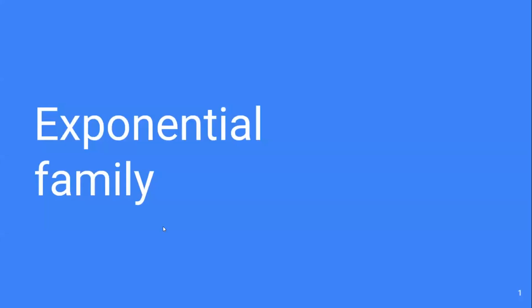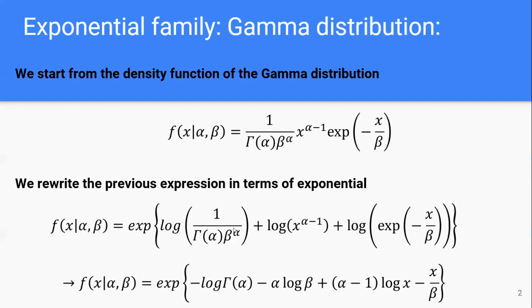Well, for the last part, which is the exponential family, we started with the gamma distribution that is followed by the BOD variable. We start with the density function, we can see here. Then we rewrite the previous expression, these density functions, in terms of exp and logarithms.